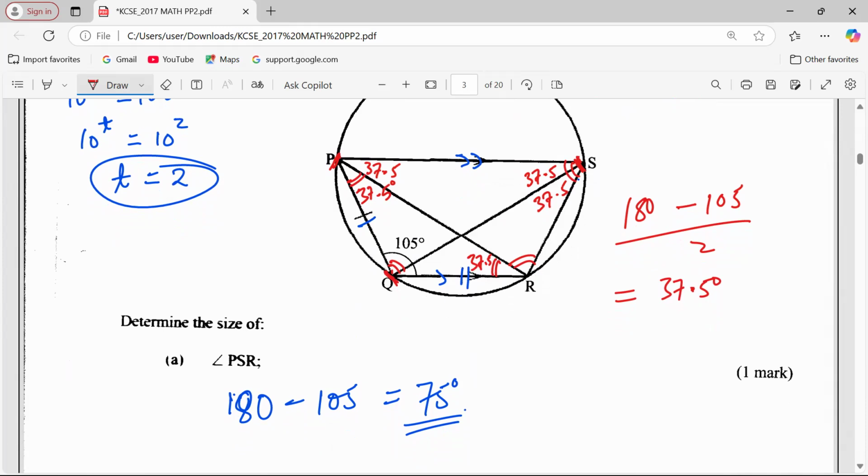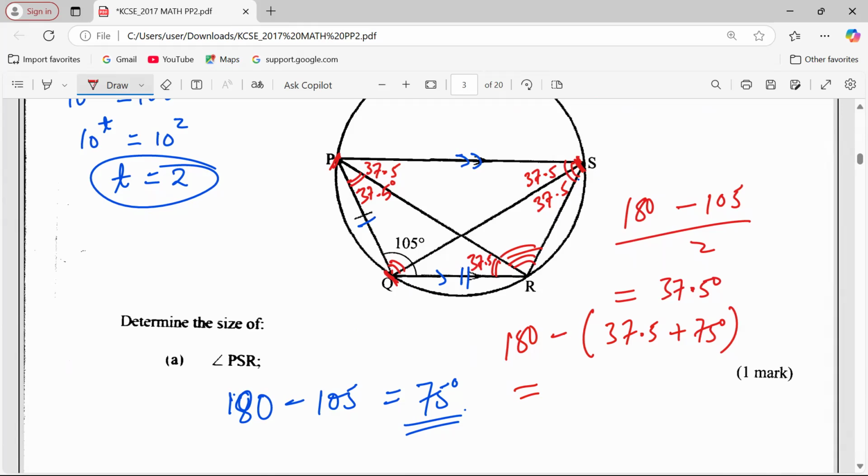Therefore, the whole of 180 in that triangle PRS, then we have 37.5 and 75 on the other side. We will be able to get the angle at this point. So we need 180 minus 37.5 plus 75.